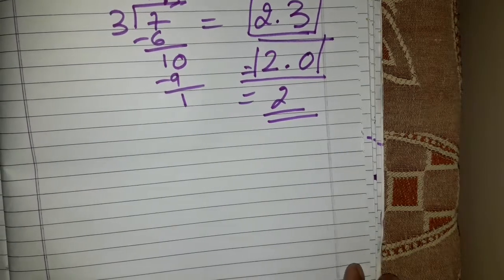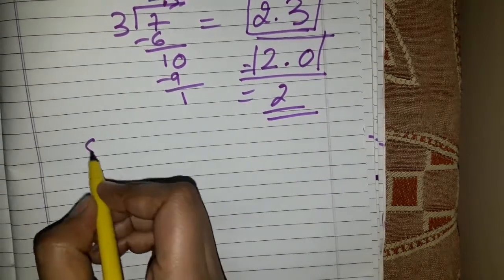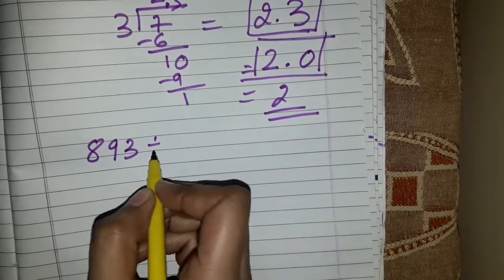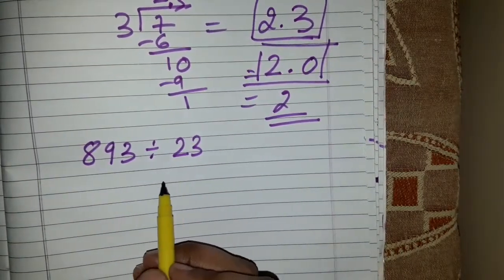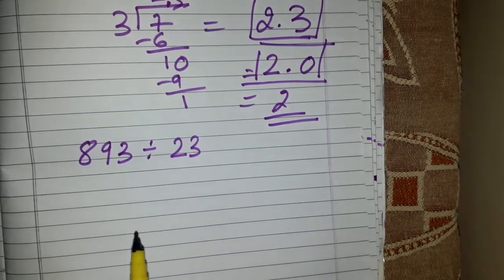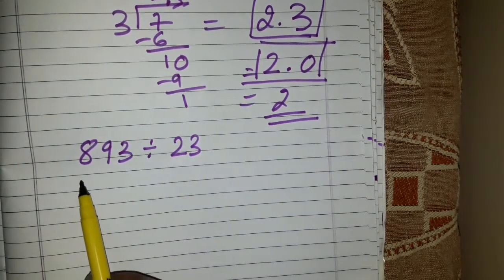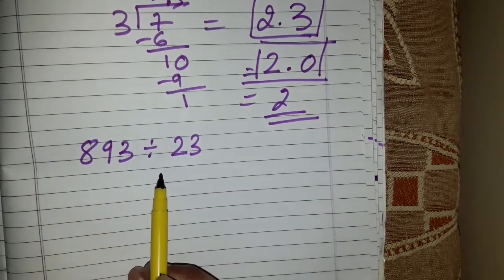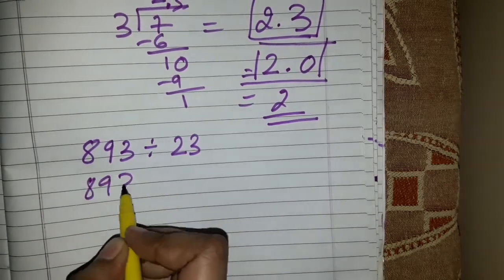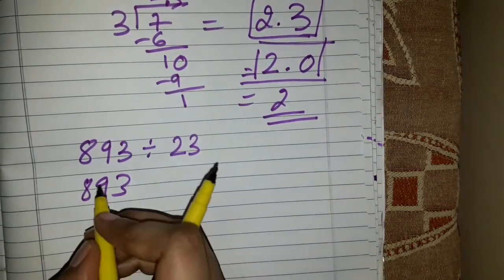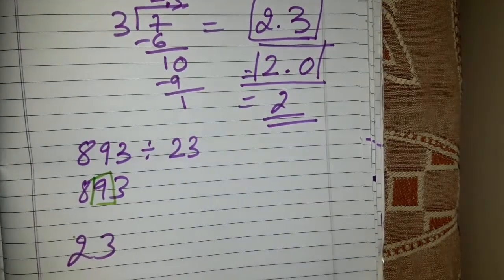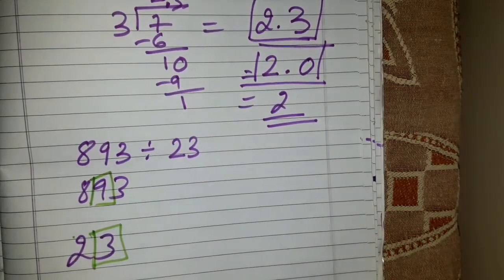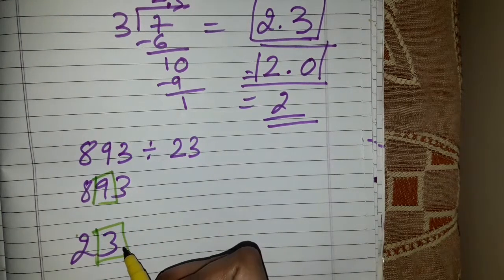Now let me take one more example. Suppose my number is 893 divided by 23. No instructions are given till where I have to round it off. So this number will be rounded off to the hundreds place and this to the tens place. In 893, the right hand side digit is 9, and in 23, the right hand side digit is 3. This 9 is more than 5 and this 3 is less than 5.